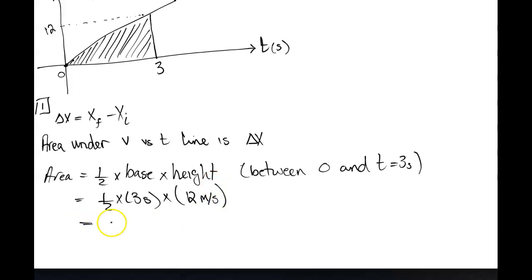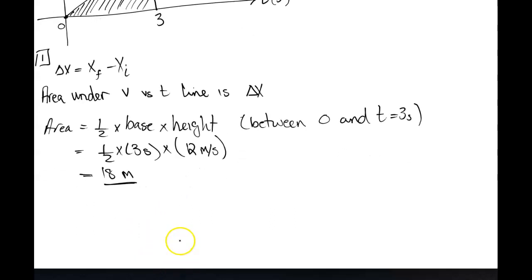If we multiply these, we get 36 divided by 2, or 18 meters. So the car, or the racer, moves 18 meters during the first 3 seconds.